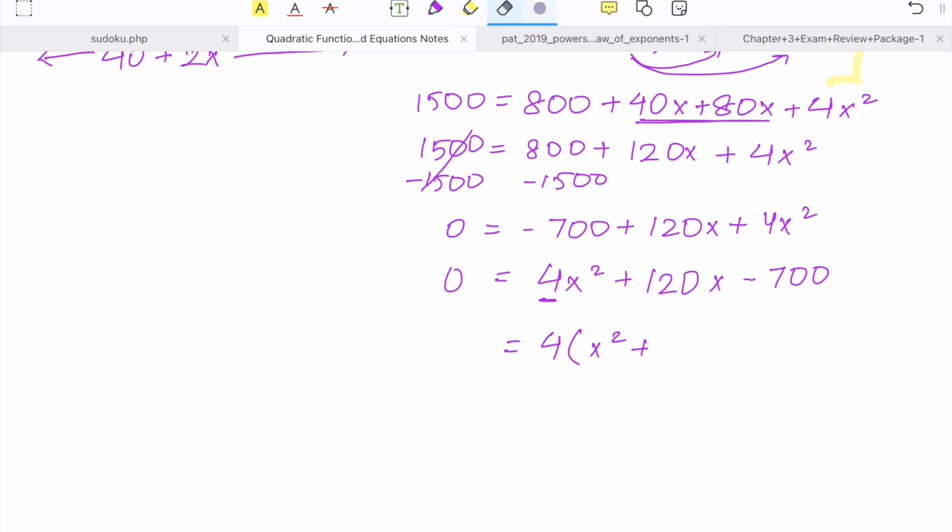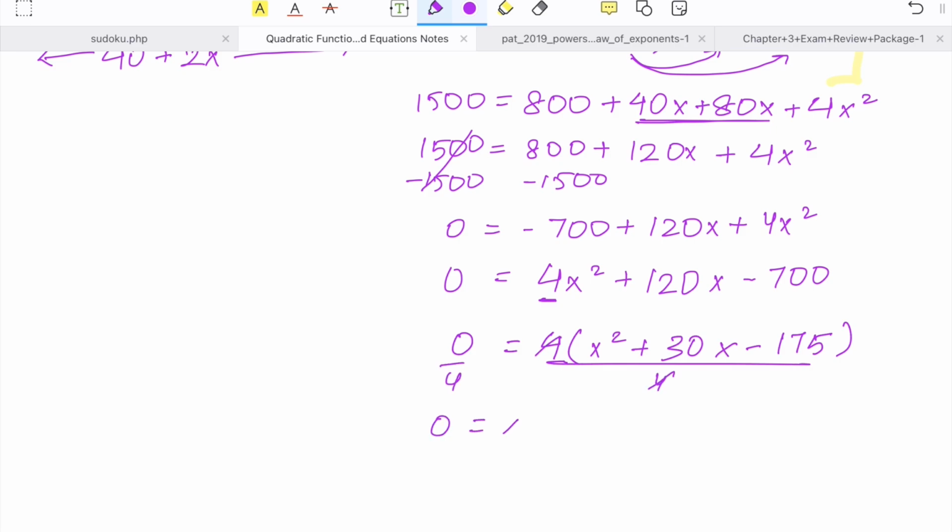120 divided by 4 is 30x. Minus 700 divided by 4 is 175. Divide by 4 on both sides. We get 0 is equal to x squared plus 30x minus 175. So we'll do product sum factor. Product is negative 175.